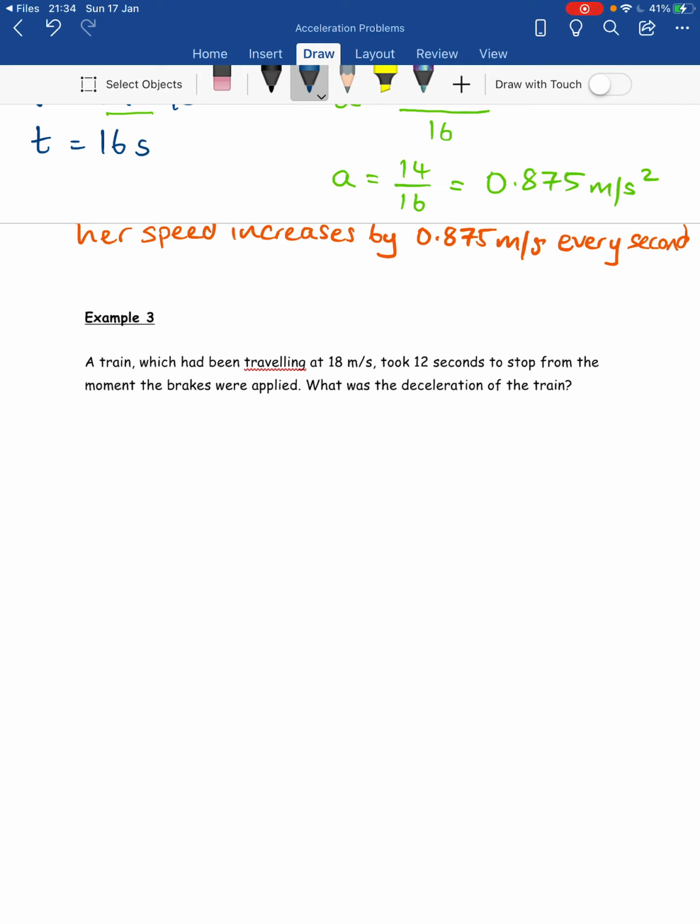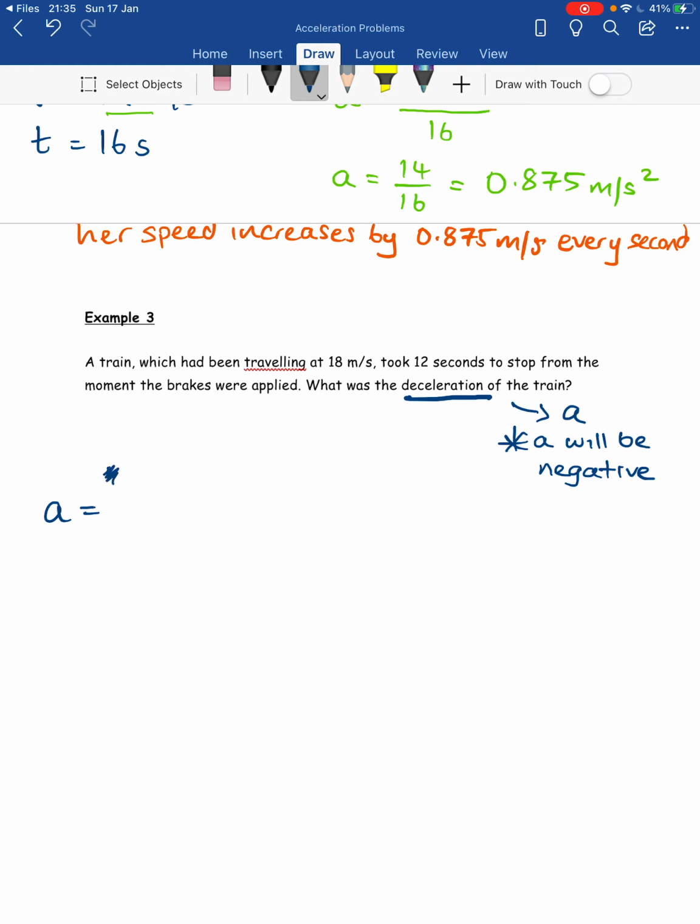So this time, right from the start, because it's deceleration, we're still finding out what A is, but this time it's going to be a negative answer, because it's a decrease of speed every second. So A will be negative. So make my list again.